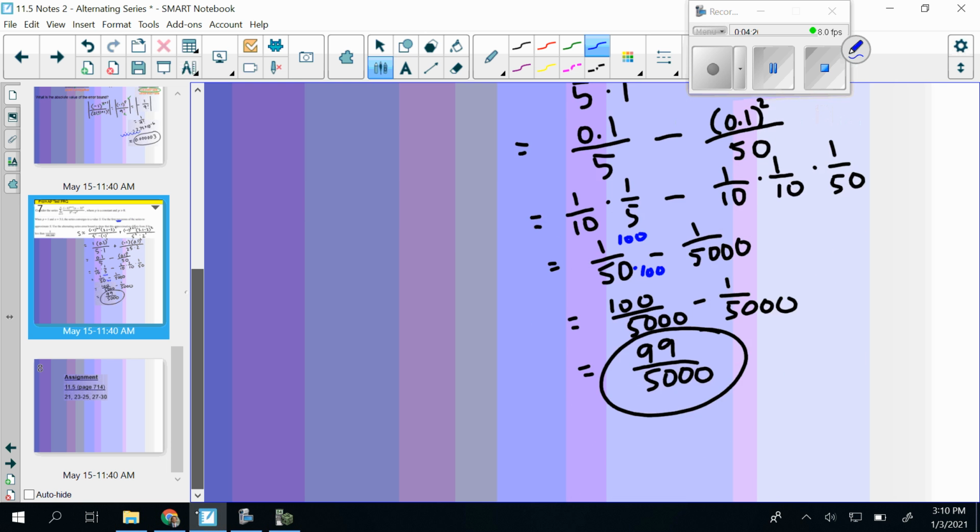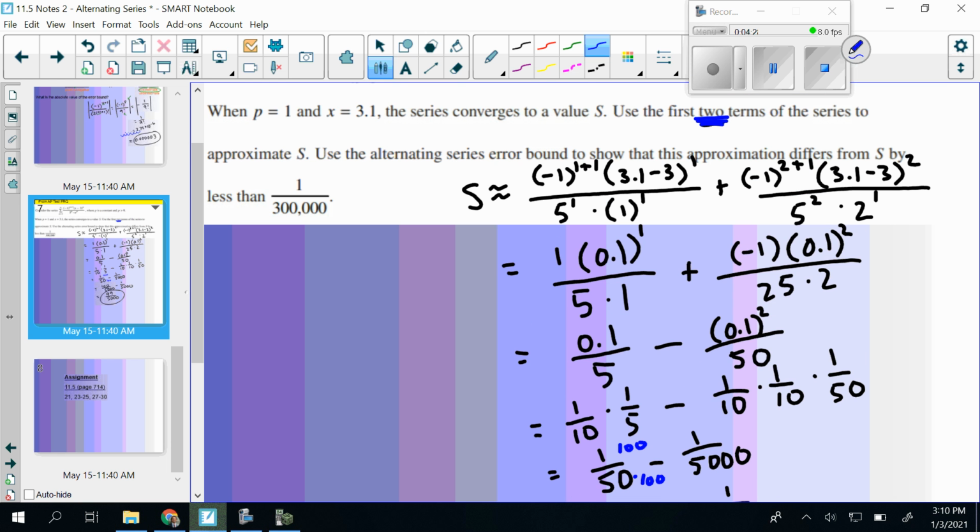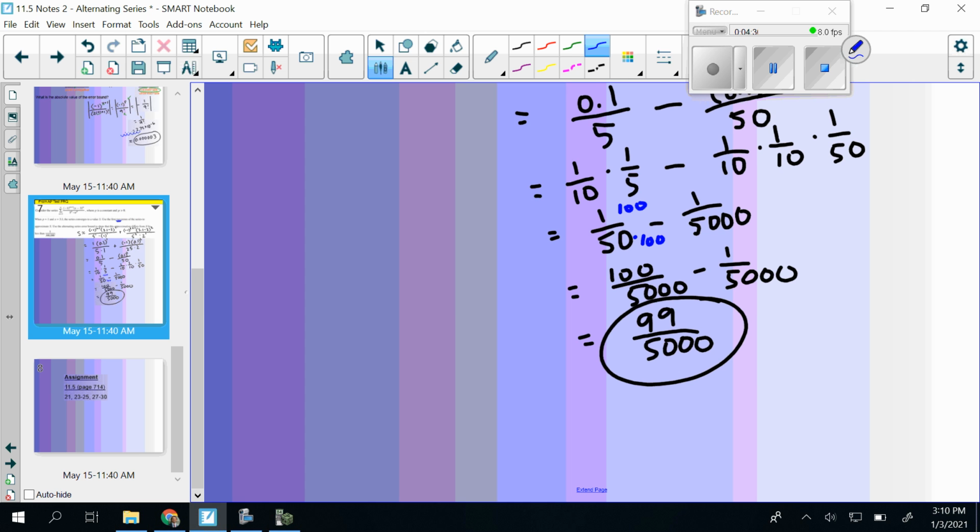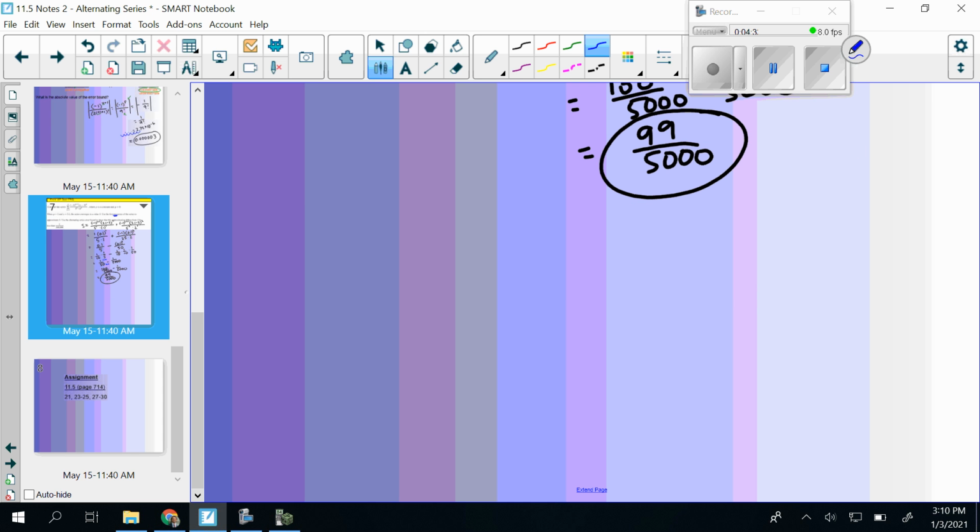All right, so using alternating series error bound, our S at infinity minus our partial sum, which here is 2, should be less than or equal to the absolute value of that n plus 1 term, which here would be the third term, because it's 2 plus 1, which would give us 3.